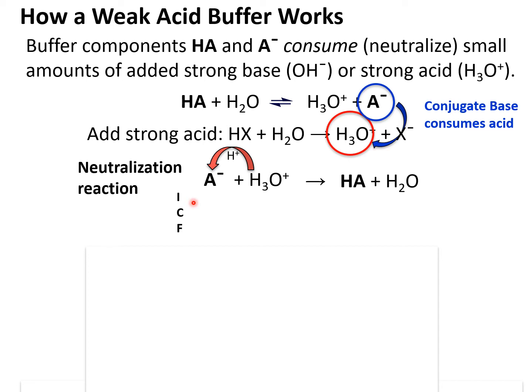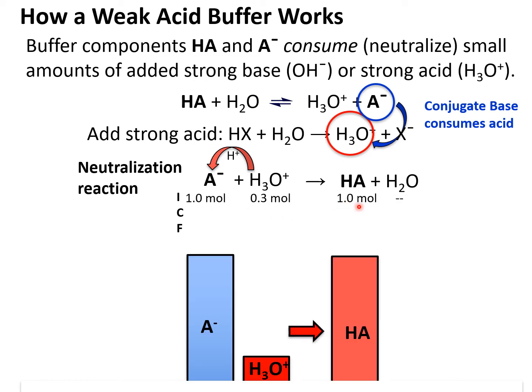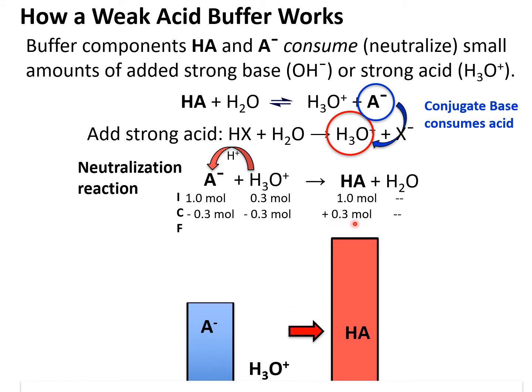And if we happen to start with equal concentrations or equal number of moles of the weak base and its conjugate acid, and we add a small amount of strong acid, we see here that the strong acid is the limiting reactant, and so this will determine the change in the number of moles. On the reactant side, the change will be negative, and on the product side, the change will be positive.